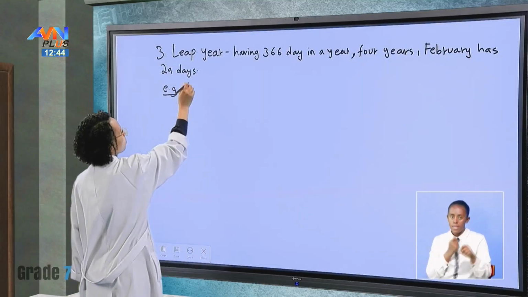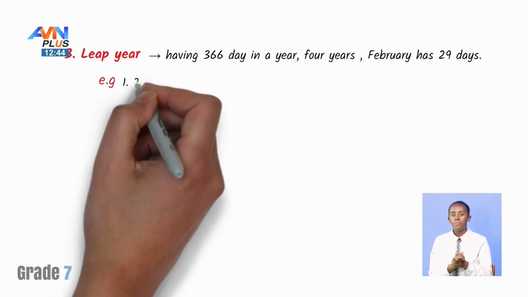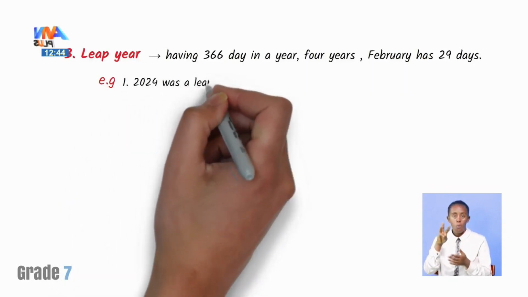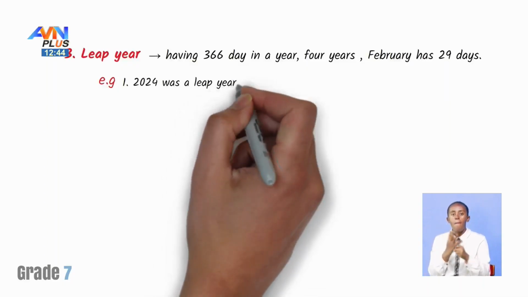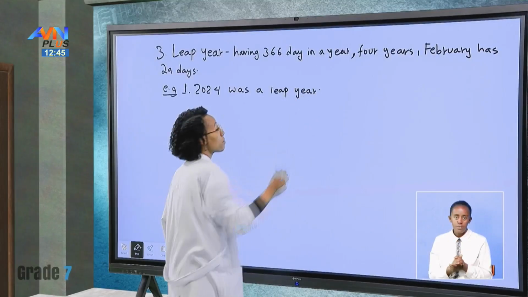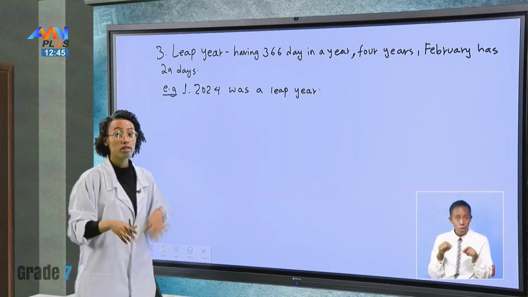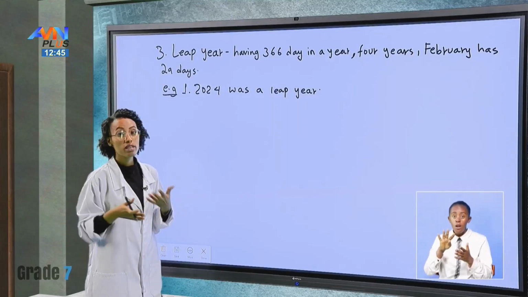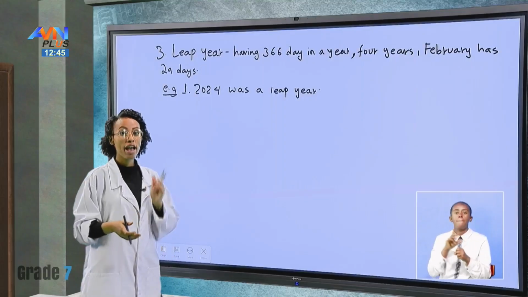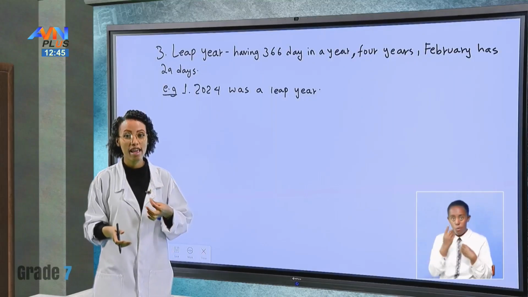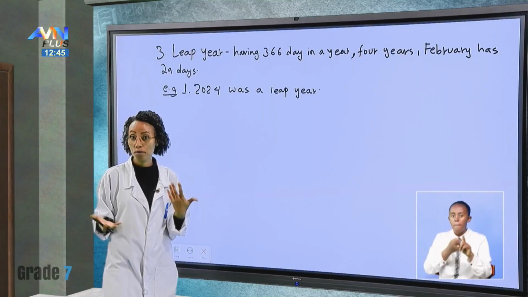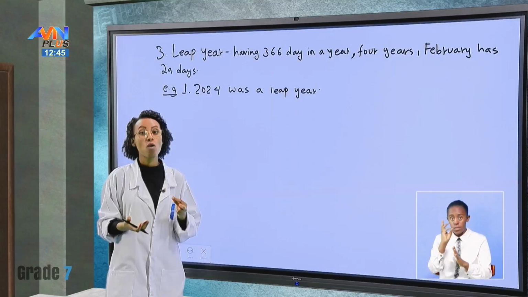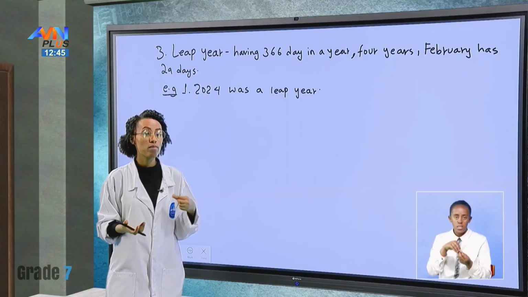Okay, example. 2024 was a leap year. If you remember, now we are in 2025, but last year in 2024, it was a leap year. So we had one extra day in the last month of Ethiopia. For example, the 13th month of Ethiopia, Pagme, we had what? One extra day. So it became Pagme 6.